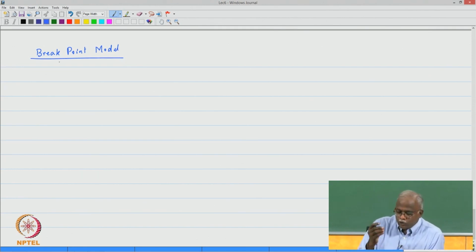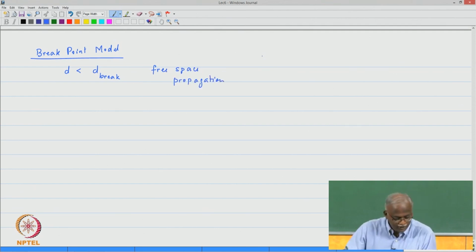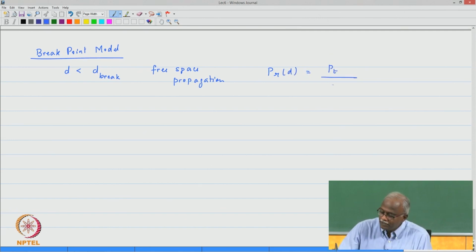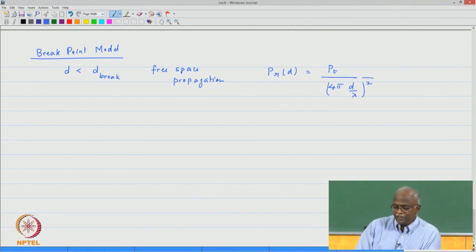This is a single breakpoint model, and it says that if I am below the breakpoint, then I can assume that it is free space propagation, and the received signal power at a distance d is given by the transmit signal power times (lambda by 4 pi d) whole squared. So, this would be my free space propagation.